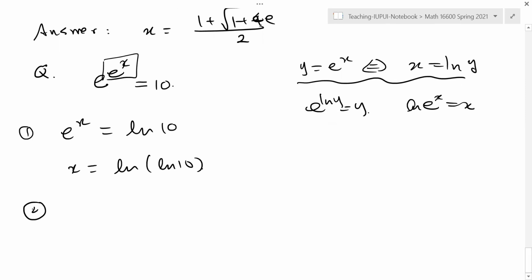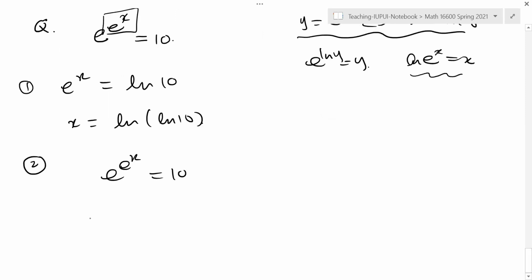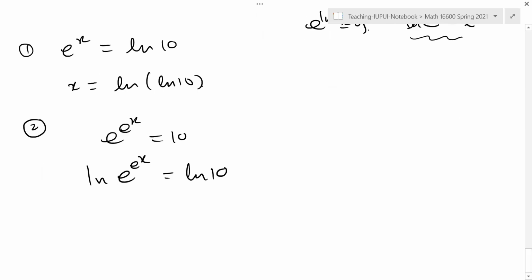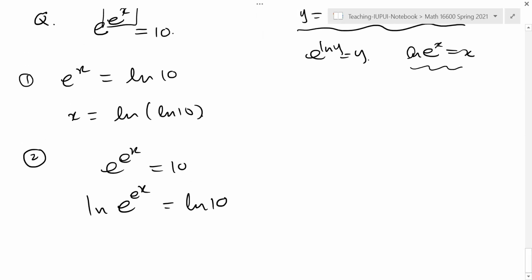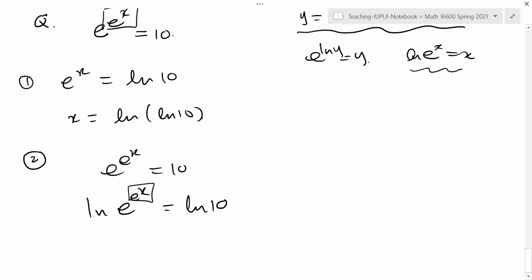Second method, I want to use this to get to the formula. What I'm going to do is put natural log on both sides first. And by the above formula, this should be equal to that part.